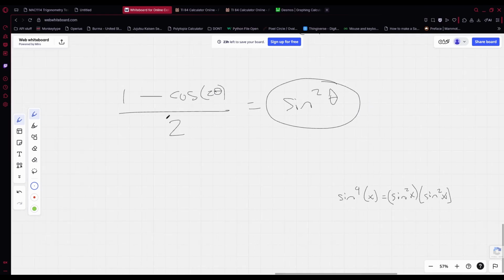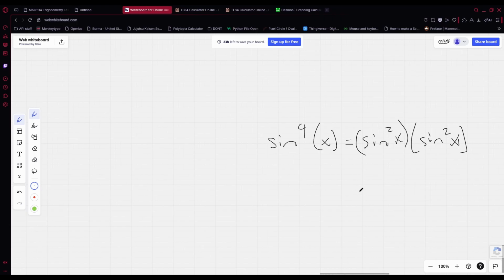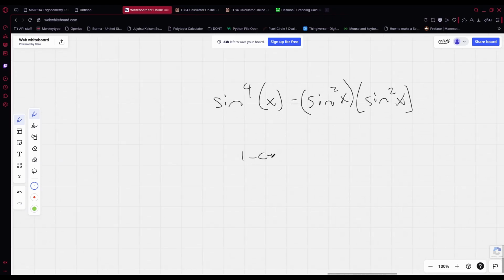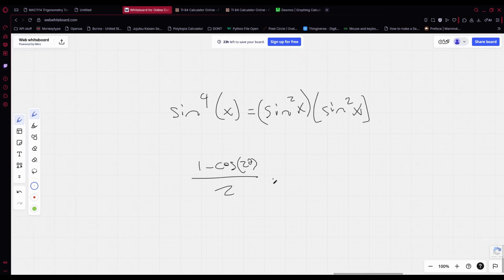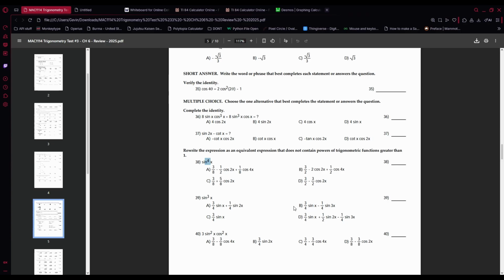Now you can do it. So you could say 1 minus cosine 2 theta over 2 times 1 minus cosine 2 theta over 2. Now you'll notice that we're not done yet.